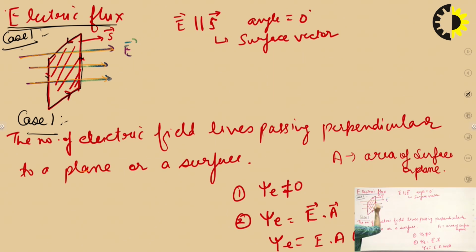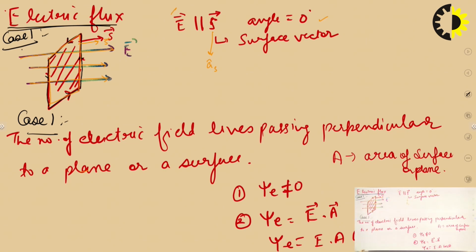As we know, this is the surface, so its unit vector will be in this direction, S cap. As the electric field will be parallel to the unit vector S cap, the angle between these two will be 0 degrees, and this S vector is equal to A cap S. The surface unit vector will be like this one, and the electric field lines are passing through this, so both will be parallel to each other.